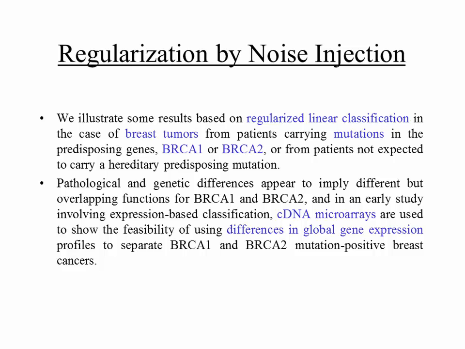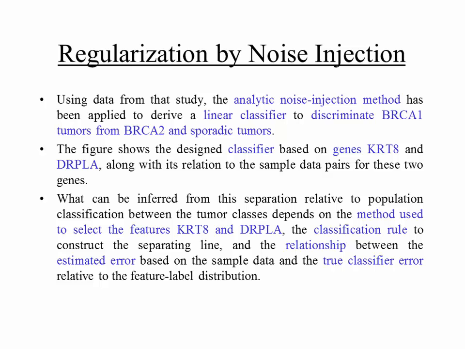Pathological and genetic differences appear to imply different but overlapping functions for BRCA1 and BRCA2. And in an early study, in the 90s, involving expression-based classification, cDNA microarrays are used to show the feasibility of using differences in global gene expression profiles to separate BRCA1 and BRCA2 mutation-positive breast cancers, and that's the picture that I showed you.